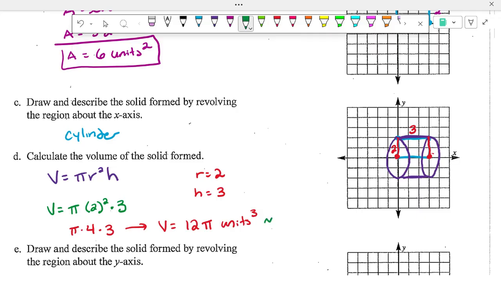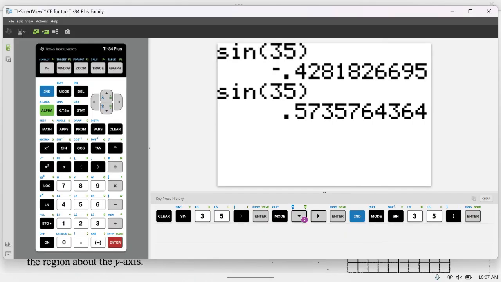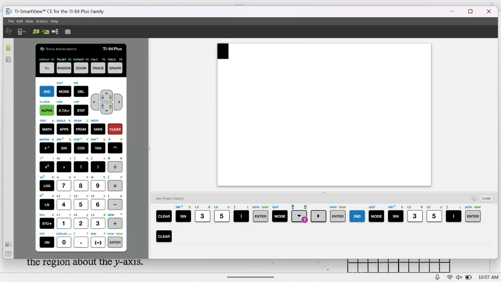That's our exact measurement, which would be approximately, so in my calculator, and you want to use the pi key because we want the exact amount. So in your calculator, you're going to type in 12 times, hit the second key, and then hit the little caret key. So whatever you would do to raise to a power, which is above the division sign. So hit this key right here, and that'll input pi. All right, so don't put 3.14, do the actual pi.